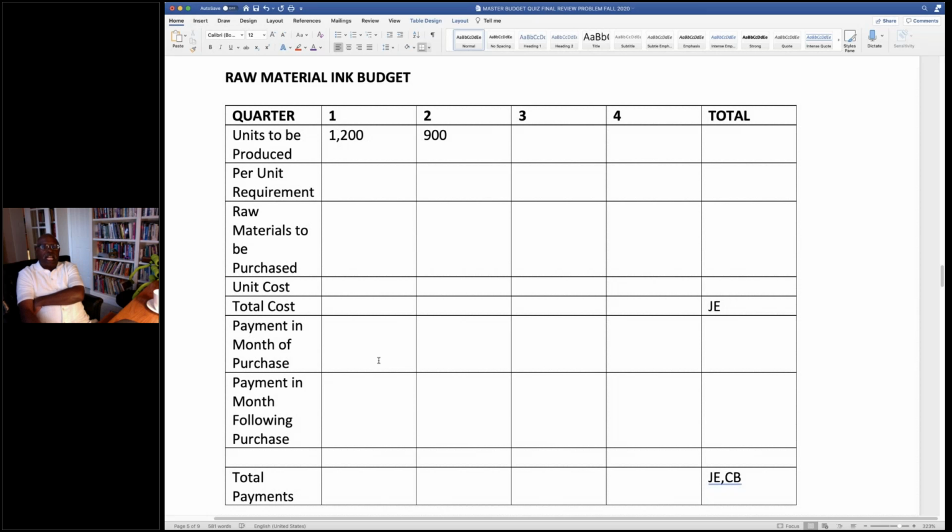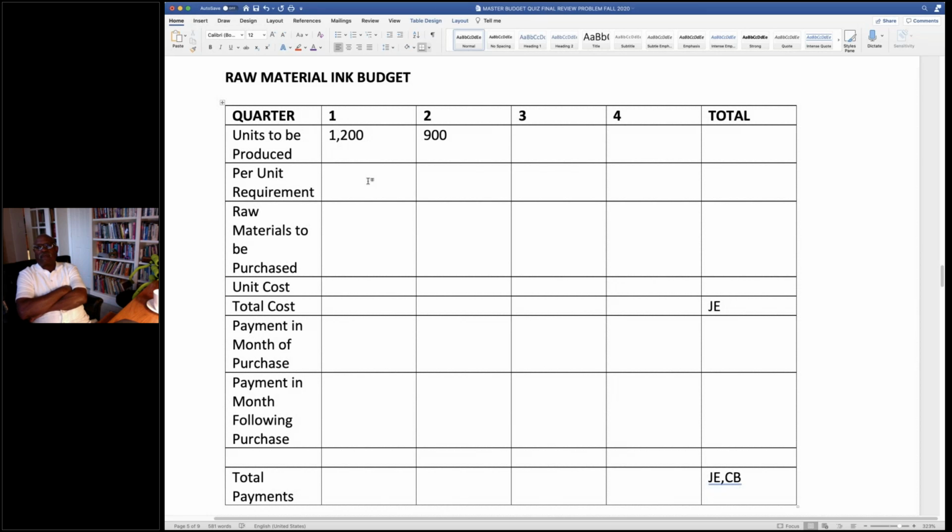How much are your total payments for ink? What's the per unit requirement for ink? 4. Go to your assumptions, Krishan. You're gonna mess up tomorrow.